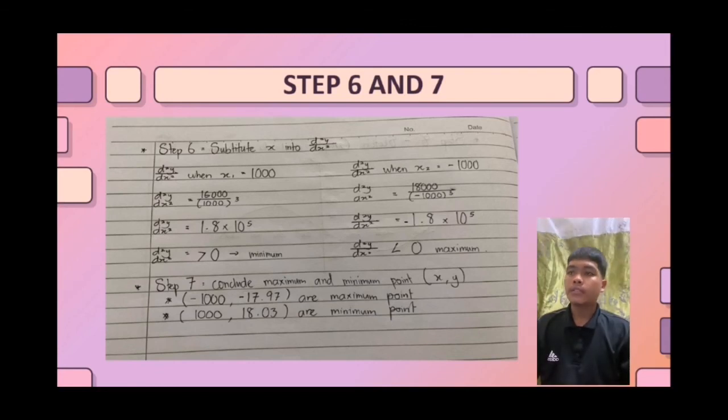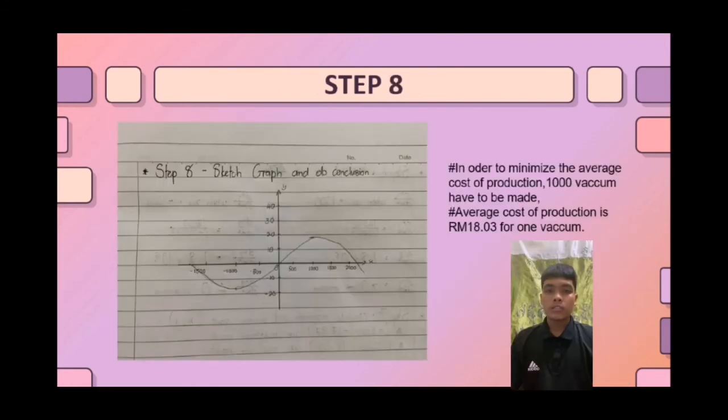Okay, for step 7, which is conclude maximum and minimum point for x and y. The first one, (negative 1000, negative 17.97), is a maximum point, and (1000, 18.03) is a minimum point. So the last step is sketch the graph and do the conclusion.